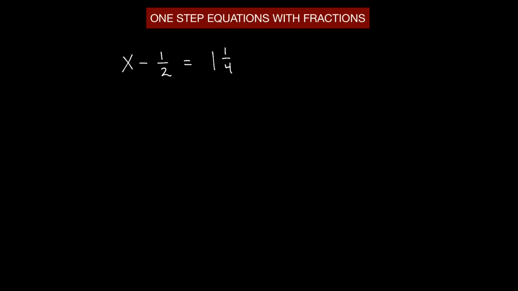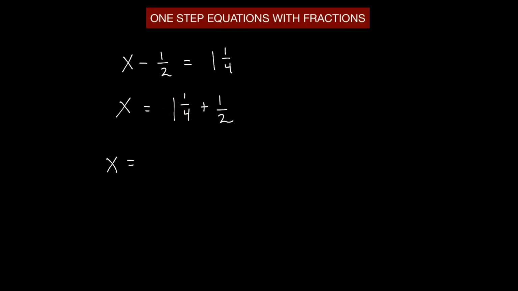Okay, next problem, x minus 1/2 equals 1 1/4. So to get this variable x by itself, we are going to add 1/2 to both sides. So x equals 1 1/4 plus 1/2. Now an easy way to do this is to convert this into a top-heavy fraction.